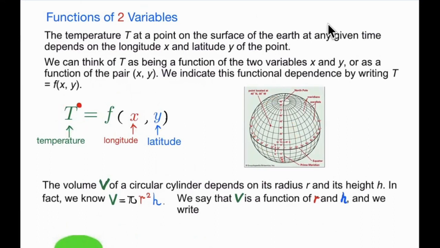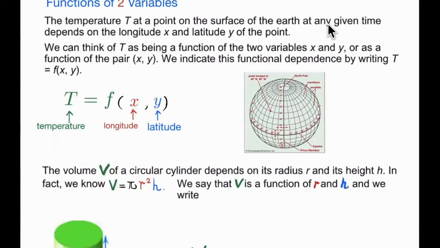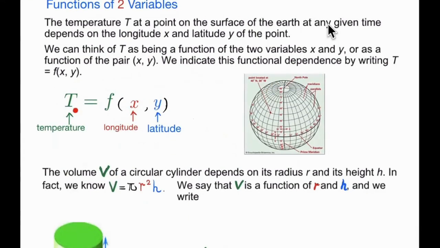So we can think about temperature as a function of two variables, x and y, where x here can be the longitude and the y here can be the latitude. So this is an example of a function of two variables.